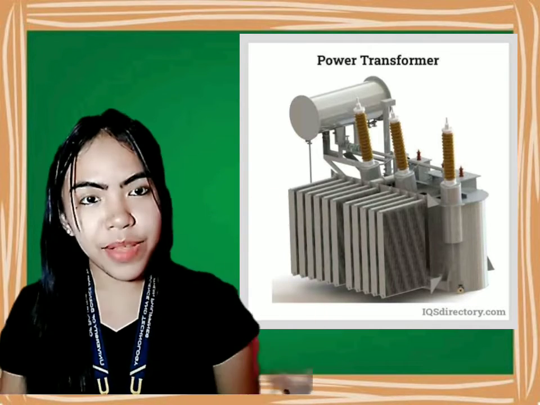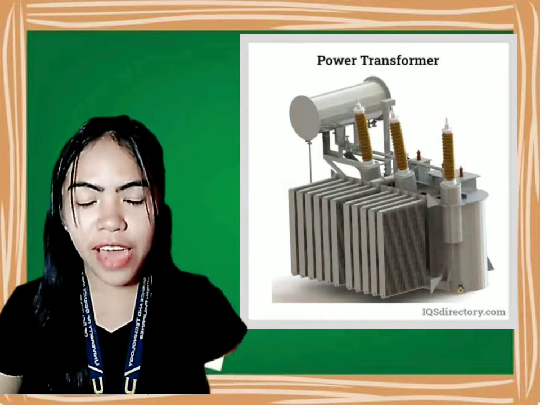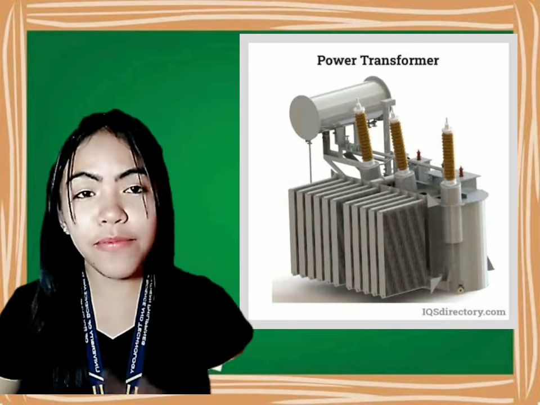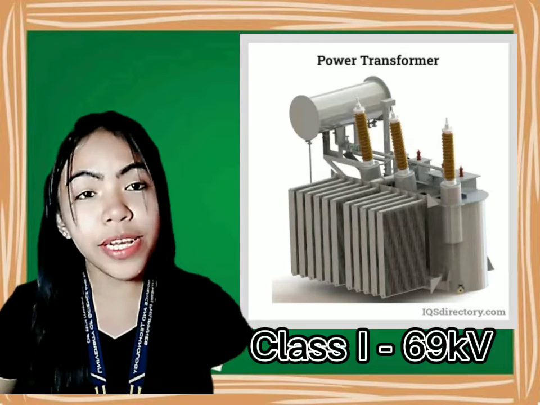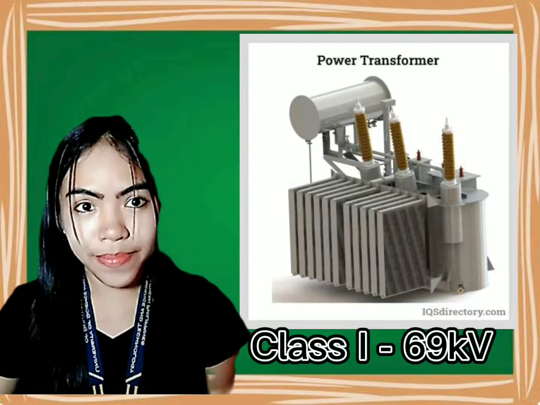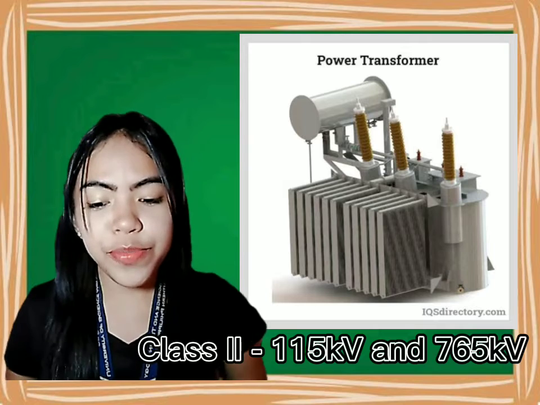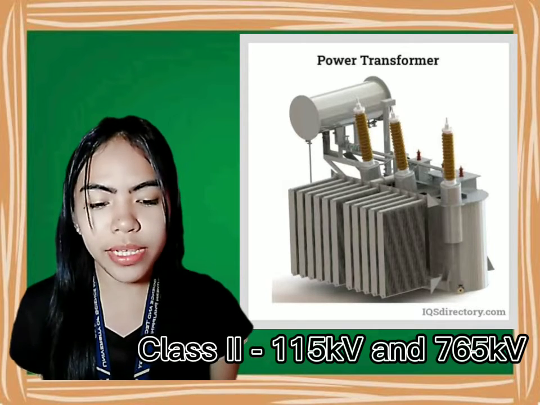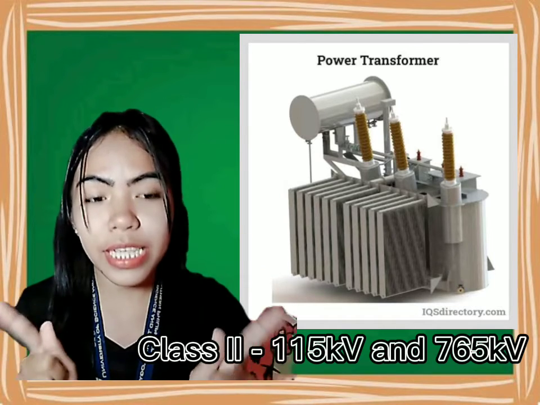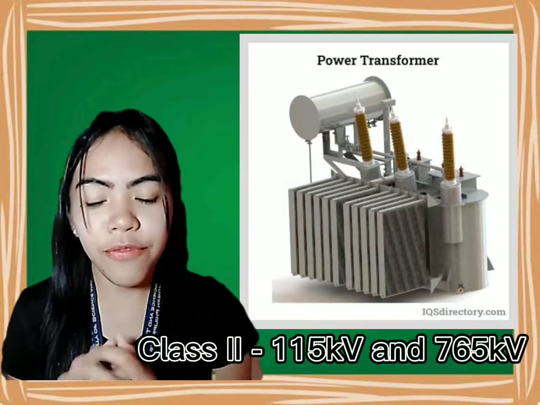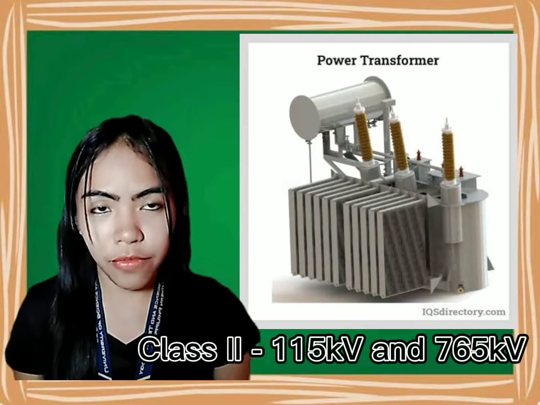Anyways, class 1 power transformers have high voltage windings of 69 kV (kilovolts) or below, while class 2 power transformers have high voltage windings between 115 kilovolts and 765 kilovolts.